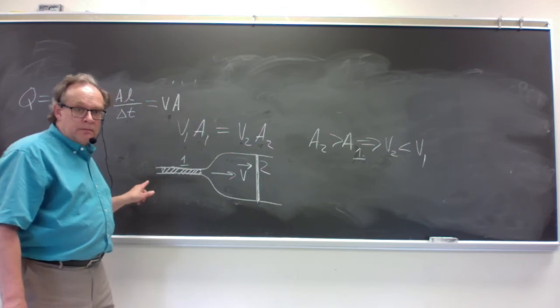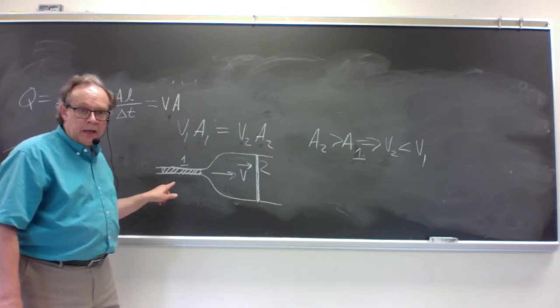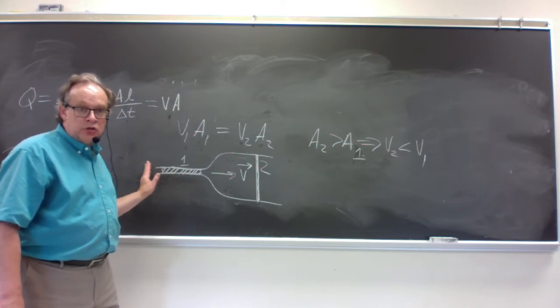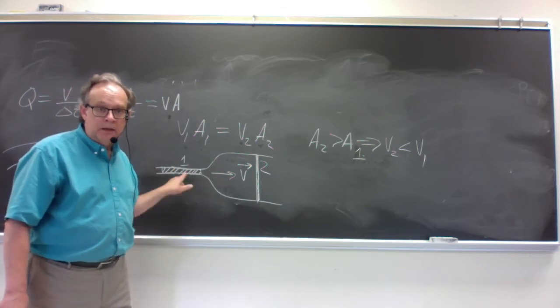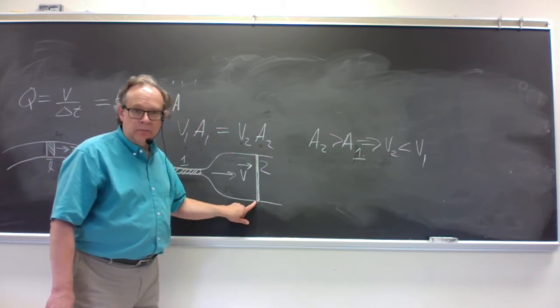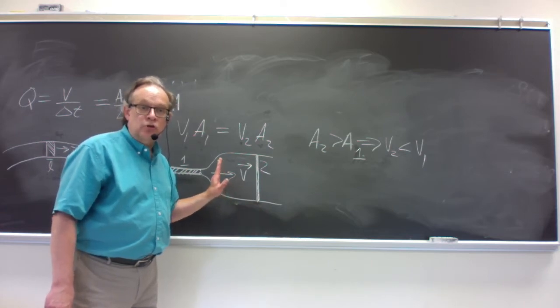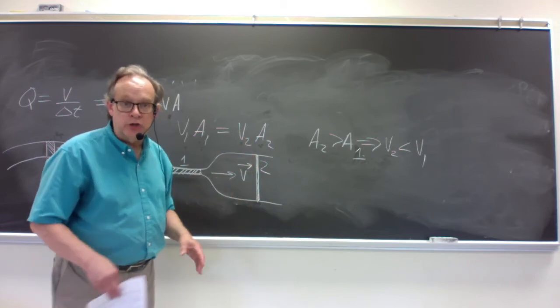Here, the bit of the volume at the back is farther away from the front, so to get the whole volume through, it has to travel faster. Here, the back of the volume is very close to the front of the volume, so you don't need a high speed to get this whole volume past point 2 in time.